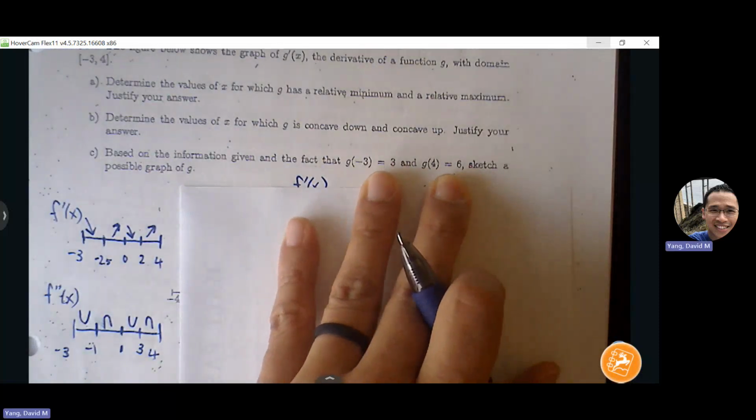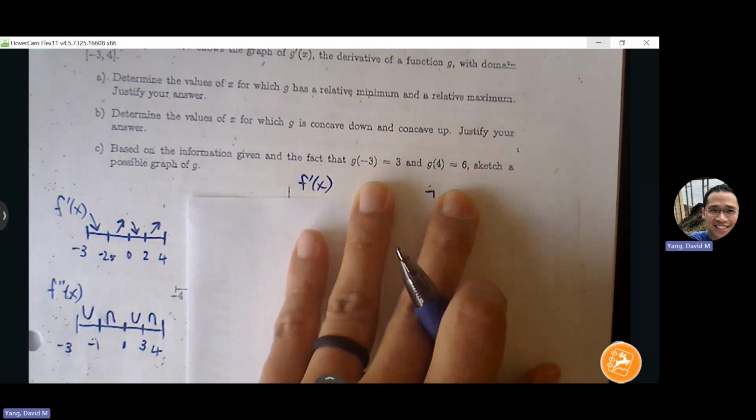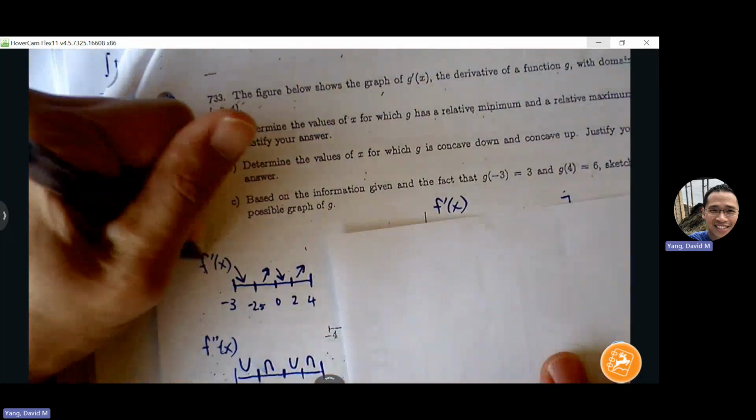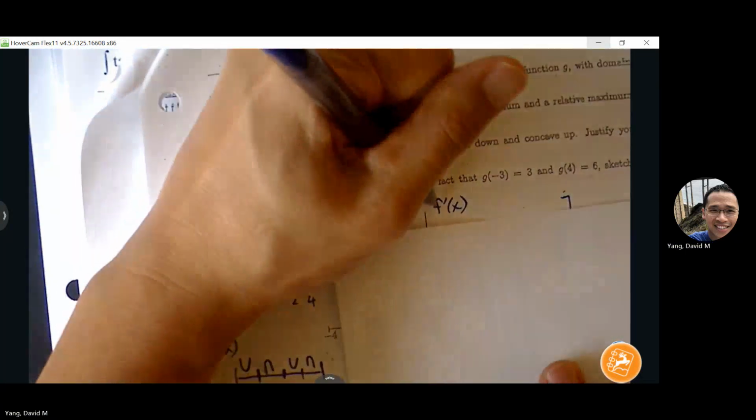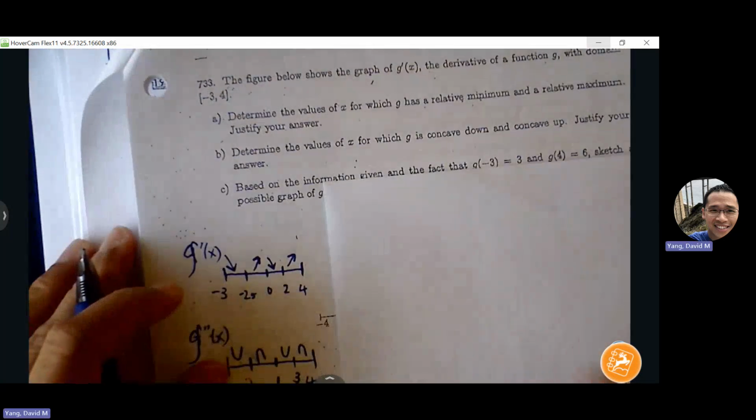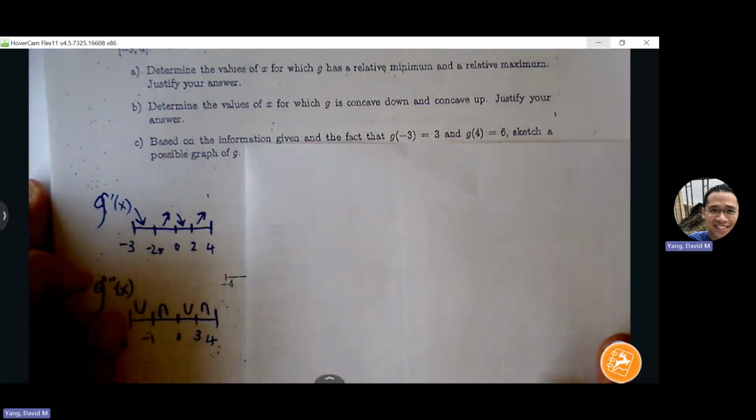So on my f of g, sorry, it says g here. Sorry, I can change my g. Okay, so on my g of x graph, I have some ordered pairs, -3, 3, and 4, 6.